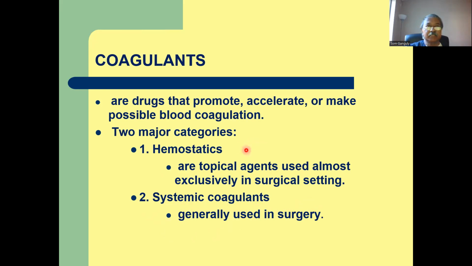You as a surgical tech will deal with hemostatics, which are topical agents. Mostly you'll use this as a topical agent. Anesthesiologist or nurse, they will use systemic coagulants by putting it through the IV.